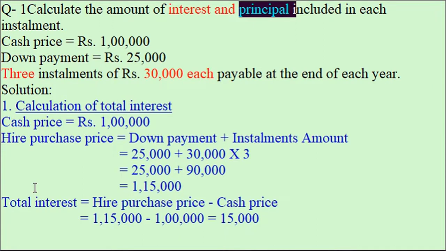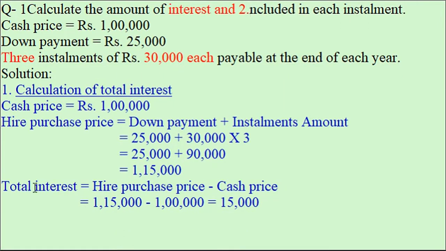So every year, at the beginning of that year, you should know what is the amount outstanding, the amount which is due. Then based on that amount, you have to calculate the interest, because interest is charged on the amount due, the amount outstanding. So let's calculate what is the amount due every year at the beginning.